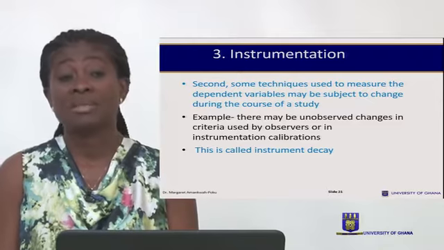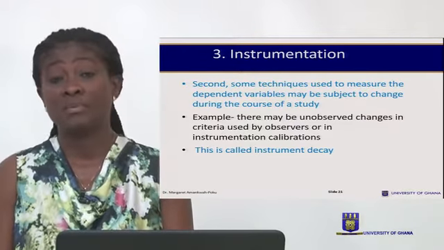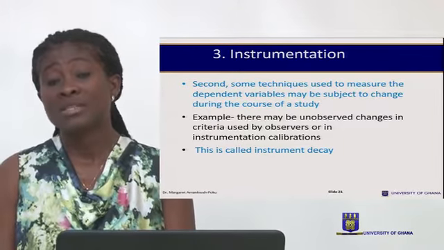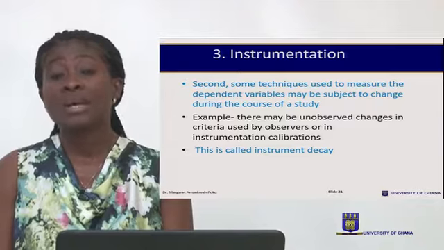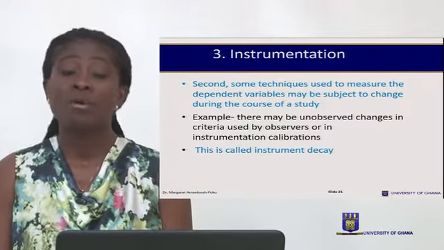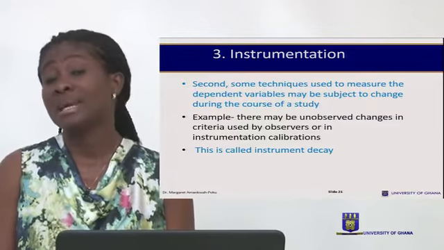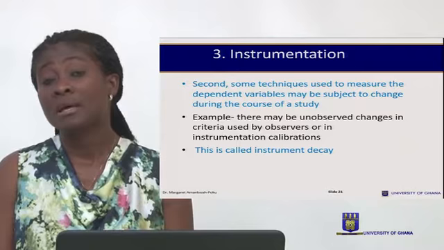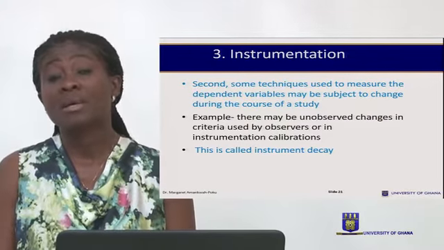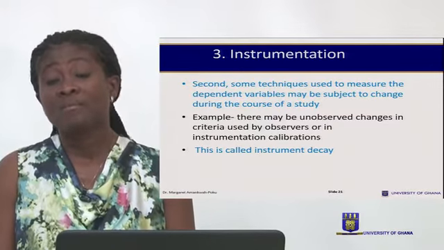I remember once I was involved in a research where I was administering stress management for people with type 2 diabetes. In one of the sessions, I noticed that when I took the blood pressure levels, it was the same for 2 or 3 or 4 participants, which was very unusual. So I checked and noticed that the batteries in the blood pressure monitor were actually running out, and so I was getting faulty readings.